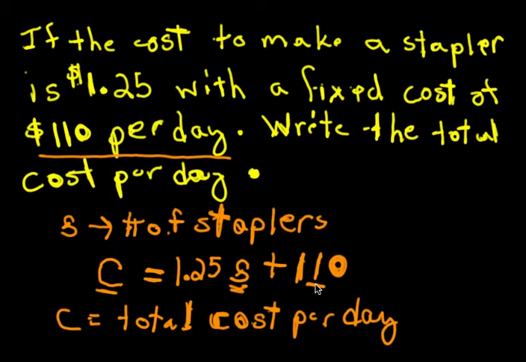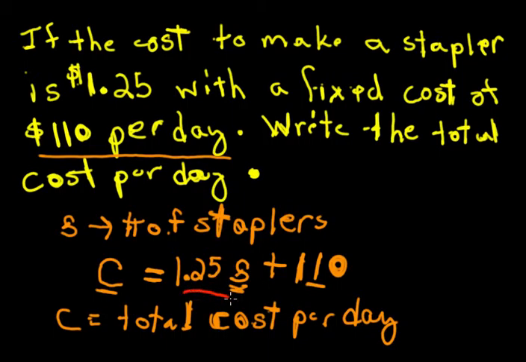And so we have a linear equation that we can use to describe how much it costs to make staplers per day. But the key is we have a cost per stapler, which is $1.25, and a fixed cost per day, which is $110. The total cost is the combination of those two things.